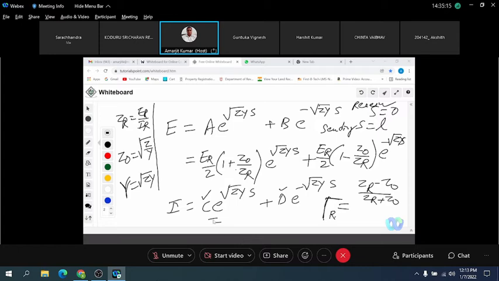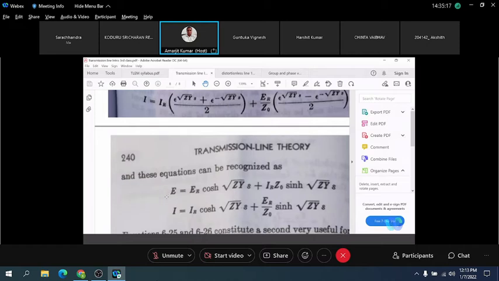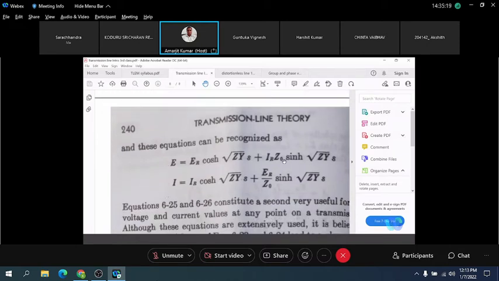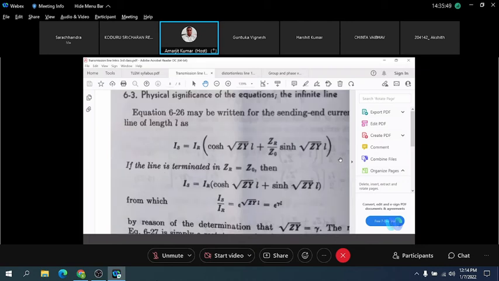So ES is equal to ER cos hyperbolic gamma L (gamma is root ZY) plus IR Z naught sin hyperbolic gamma L. IS, the current at the sending end, will be equal to IR cos hyperbolic gamma L plus ER by Z naught sin hyperbolic gamma L.